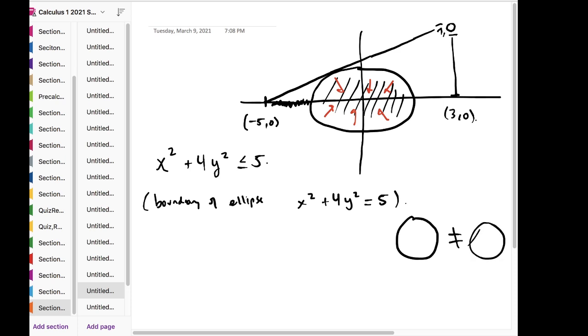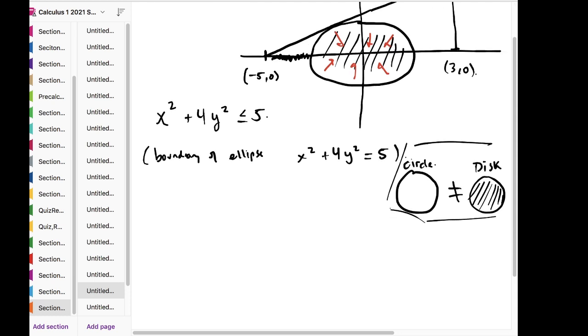When you say area of a circle, you're really saying the area of the inside, which is called a disk versus a circle. The disk is x squared plus y squared less than or equal to 1, versus x squared plus y squared equal to 1. This is an example where you see that for the ellipse. Just a little fun fact.